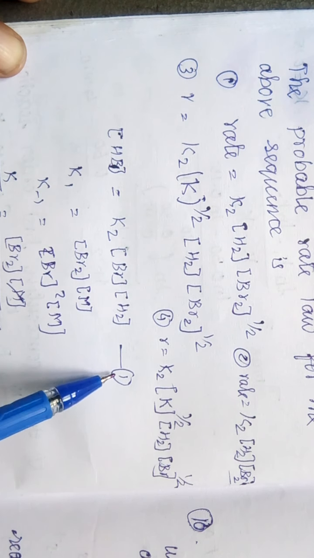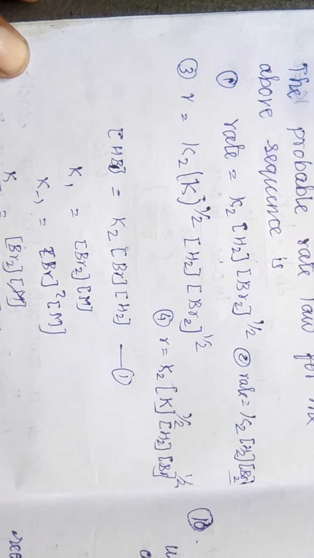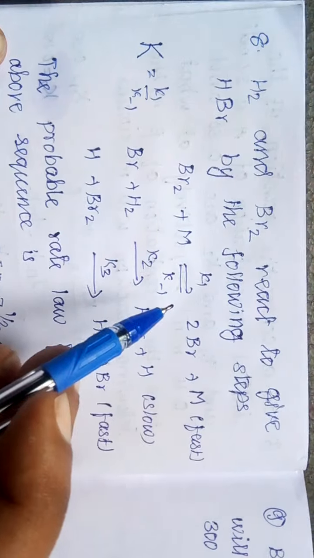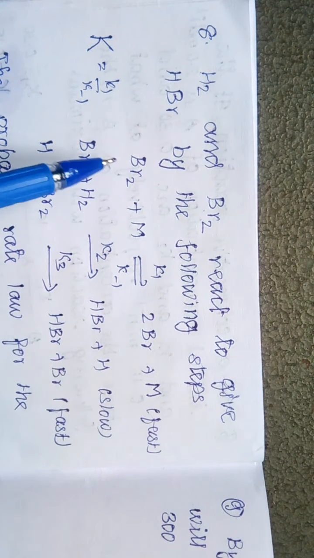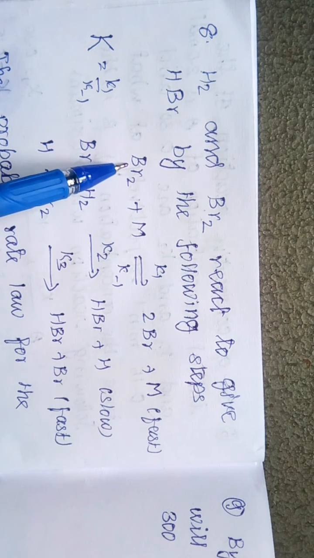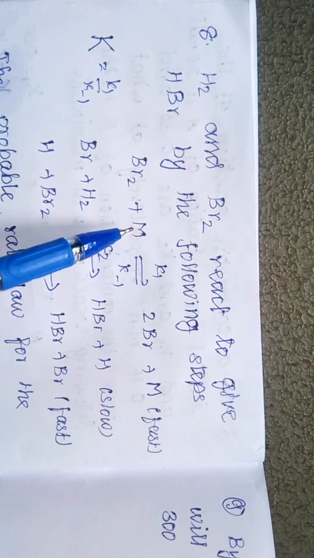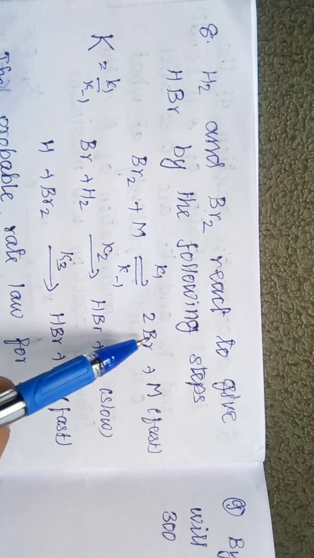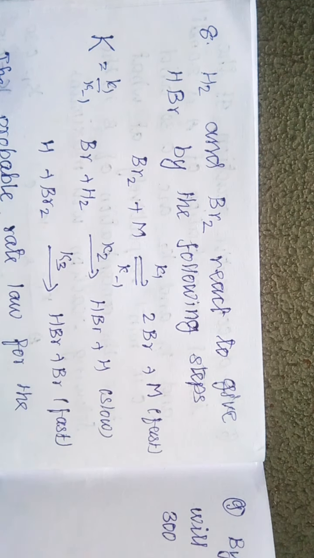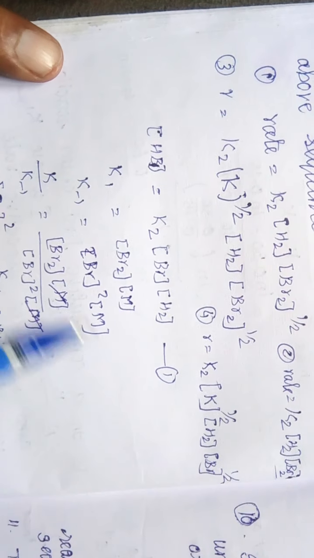This is equation number 1. Applying the equilibrium, K1 will become K1 into concentration of Br2 into M, and K minus 1 will become concentration of Br whole square into concentration of M.